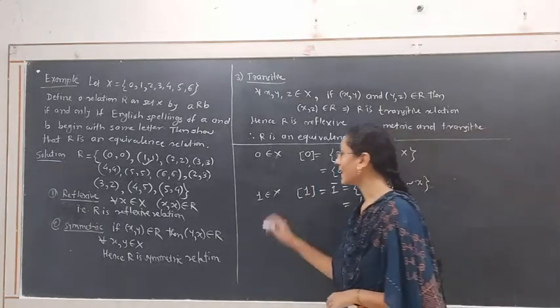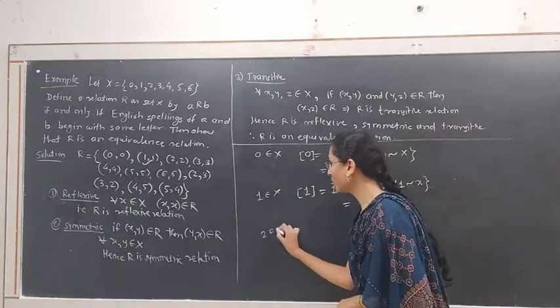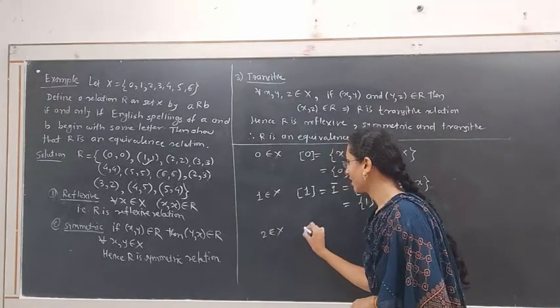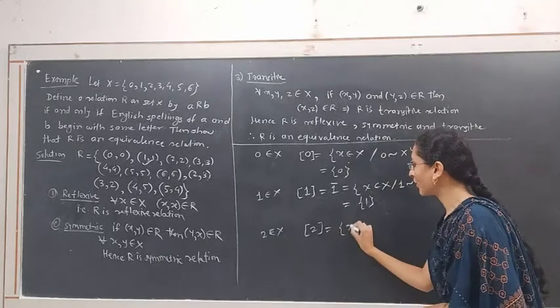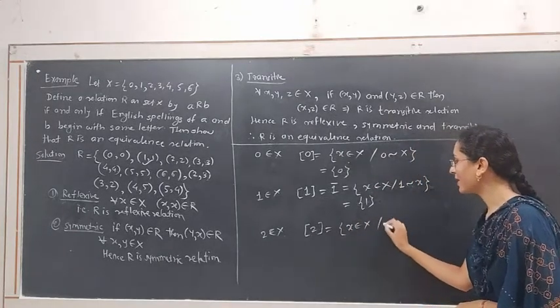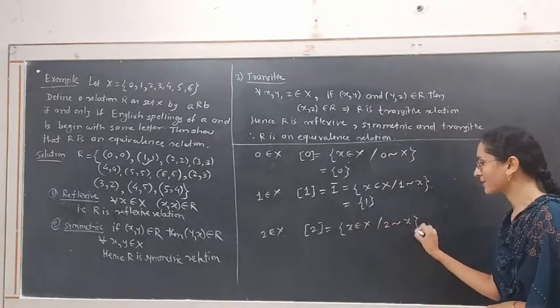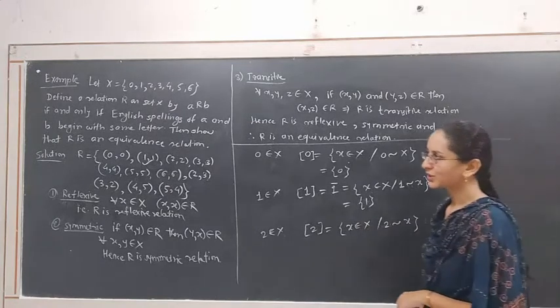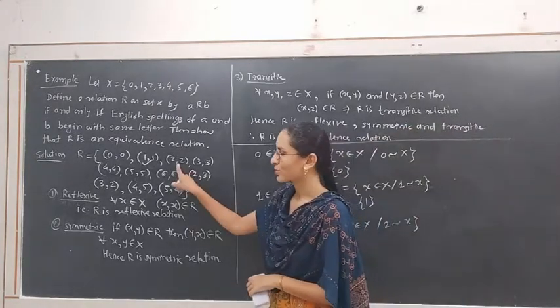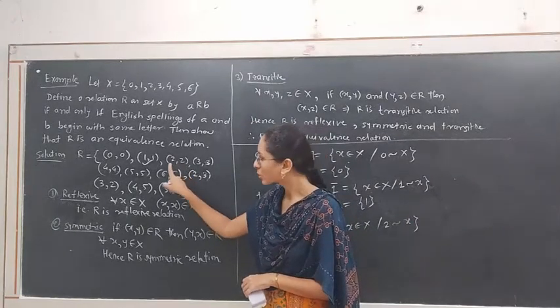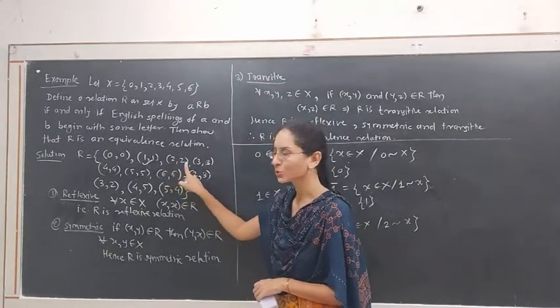Next element of set X is 2. 2 belongs to set X, so we can find the equivalence class of 2. This is equal to the set of all elements X belongs to X where 2 is related to X. See in which ordered pairs 2 belongs. 2 belongs to the ordered pair (2, 2), so 2 is related to 2.